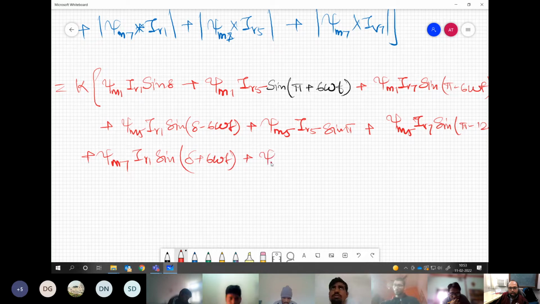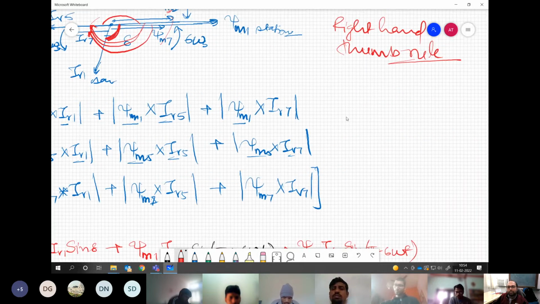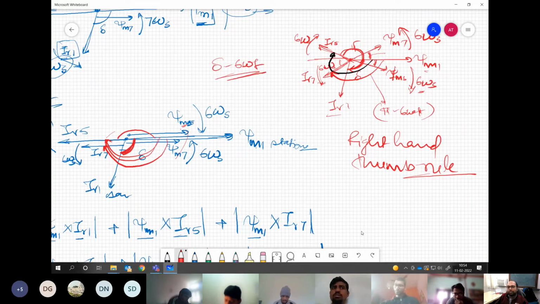Then plus psi m7 IR5. What is the angle here? Sampan? Psi m7 IR5. Sir, pi minus 12 omega t.